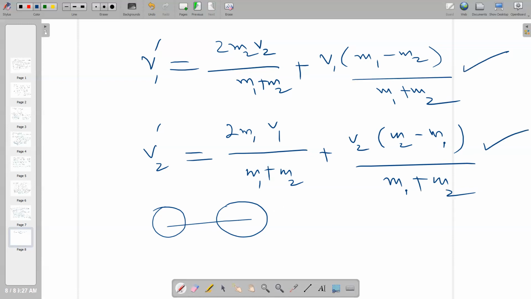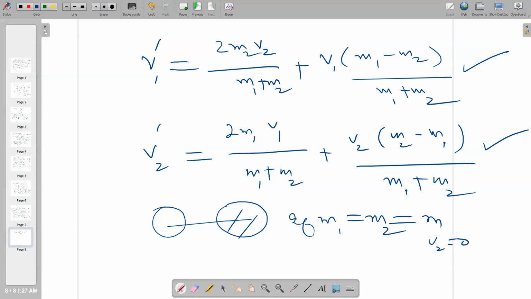Sometimes they put the condition that the second body is at rest, then surely v2 will be 0. And sometimes they put the condition that m1 is equal to m2 is equal to m. You can solve these yourself: if m1 is equal to m2 is equal to m and v2 is equal to 0.